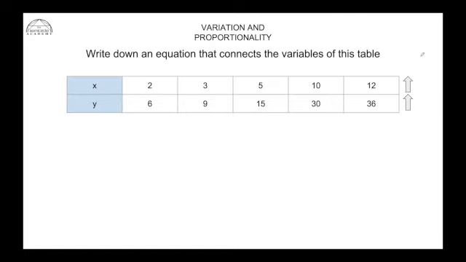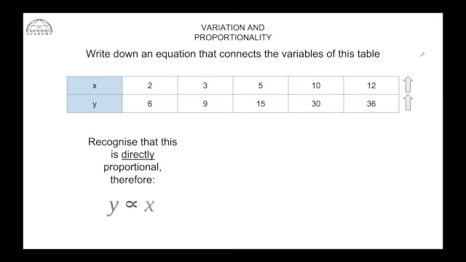First we recognize that it is directly proportional, and therefore we state the relationship: y is directly proportional to x. Then the equation is y is equal to kx, where k is the constant of proportionality.